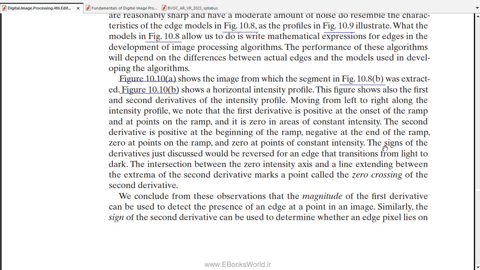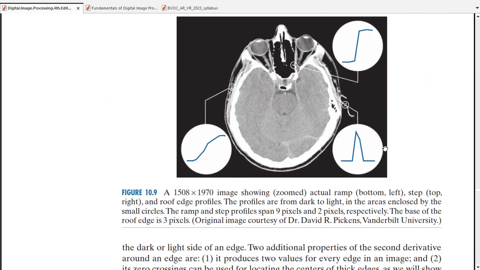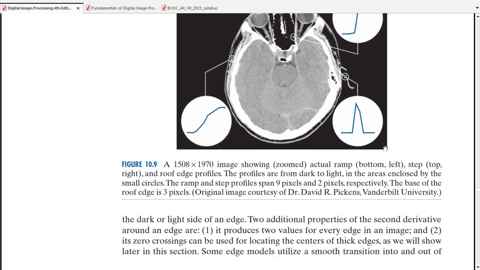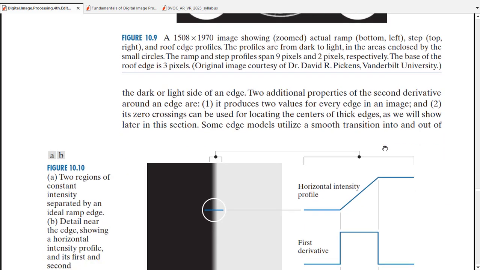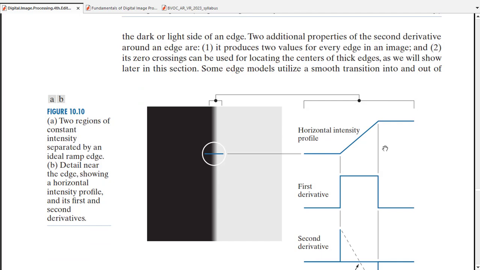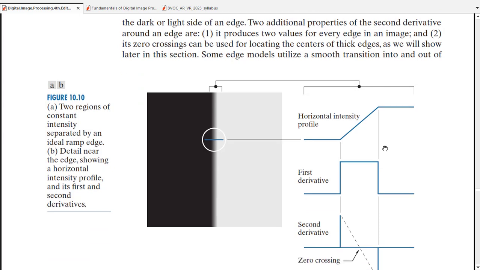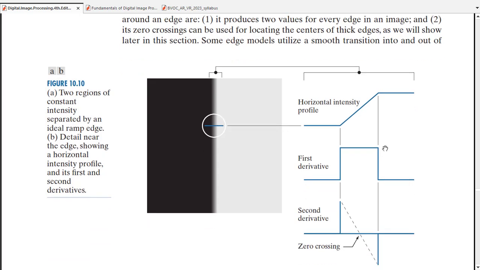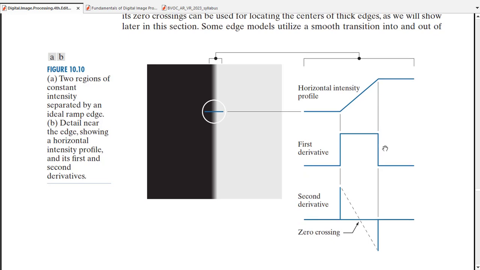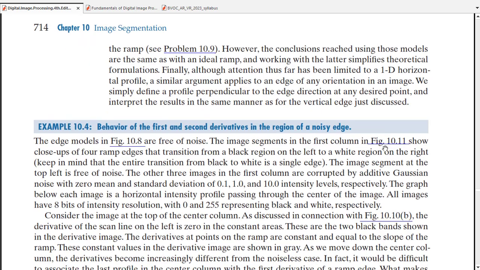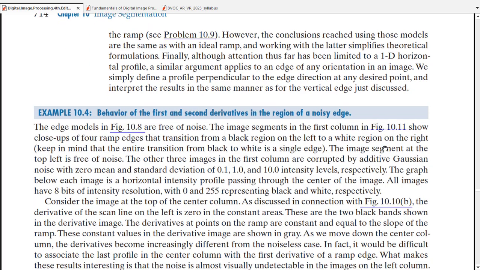So normally this chapter studies the edge detection model. Normally edges are analyzed from the different types of inline and outline boundaries. We will see how ramp edges are analyzed from the horizontal intensity profile, first derivative, second order derivative, like that is a zero crossing.